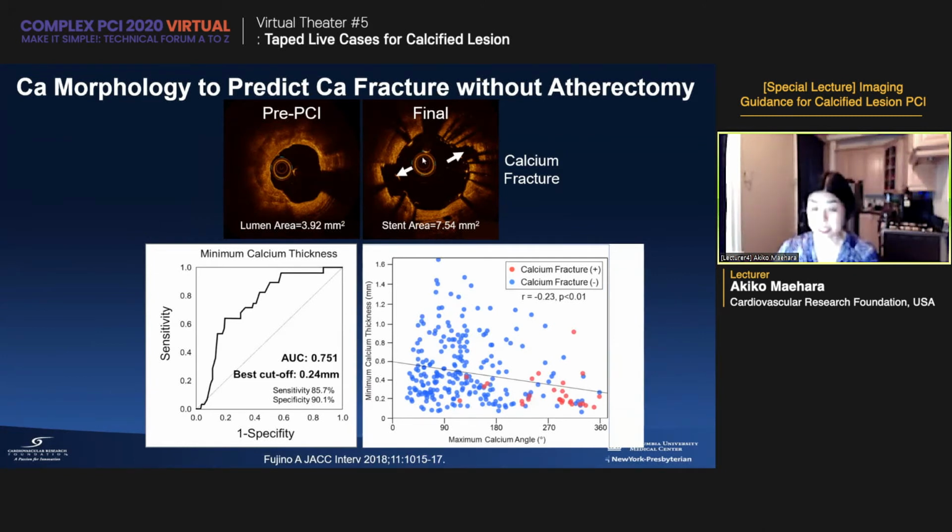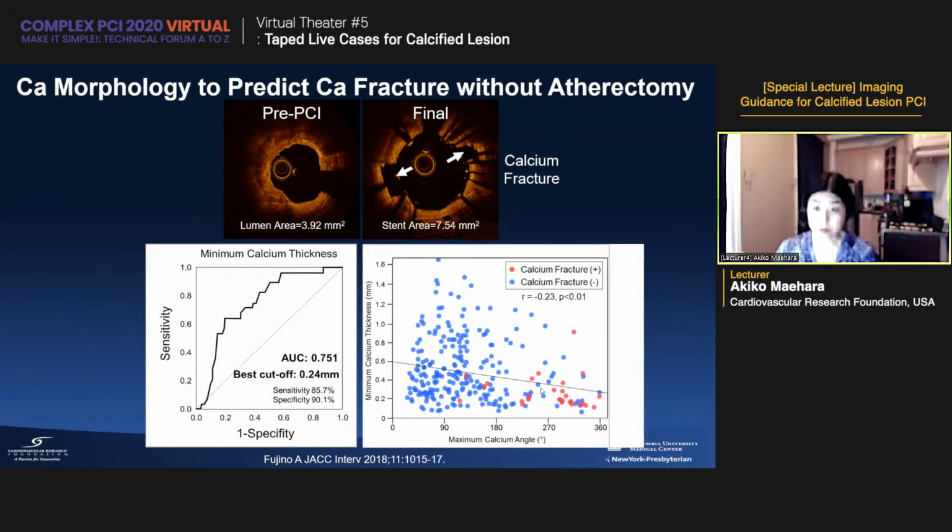The mechanism is really facilitating the calcium fracture. This is a cohort which was treated without any modification device such as lithotripsy or atherectomy, using only balloon and stent. And the y-axis is minimum calcium thickness, and the lesions that got calcium fracture, except this region, all of them were less than 0.5 millimeter thickness of the calcium.